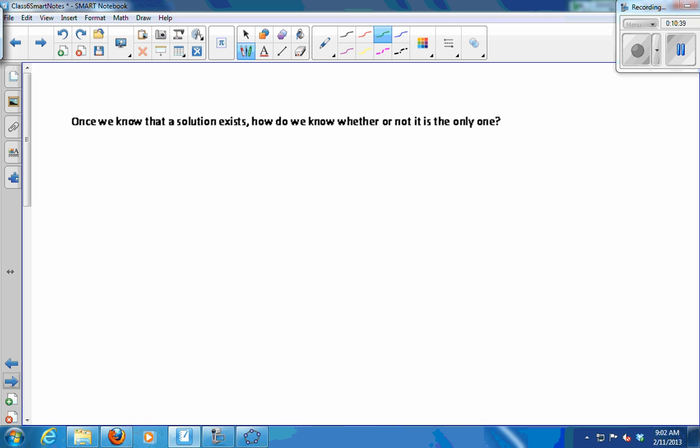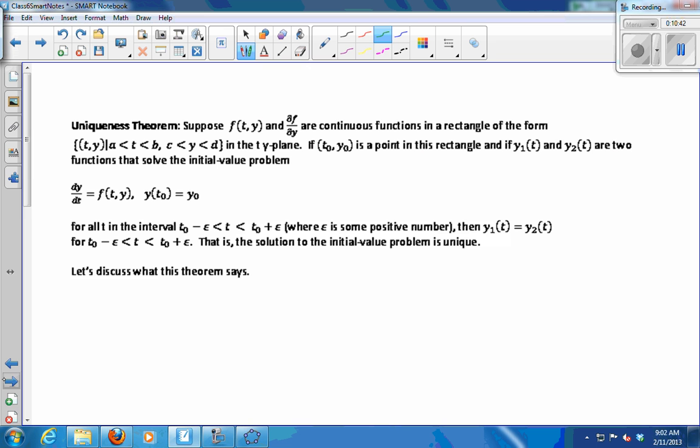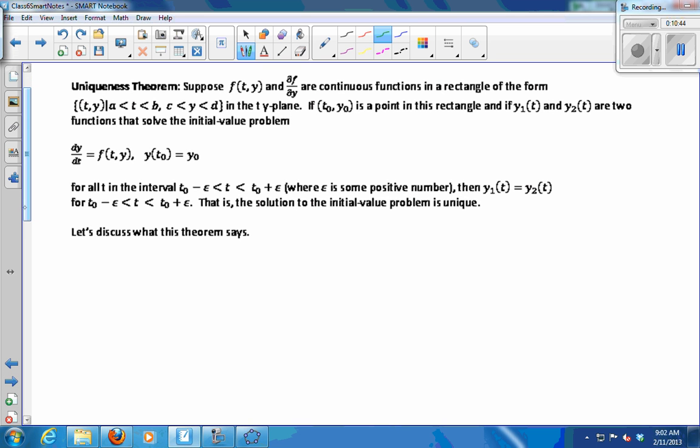Well, we have another theorem that, again, lots of people have spent a lot of time developing. The proof of it is beyond the scope of this course, but the fact that it exists is going to be nice for us to guarantee that the work we're doing is worthwhile.